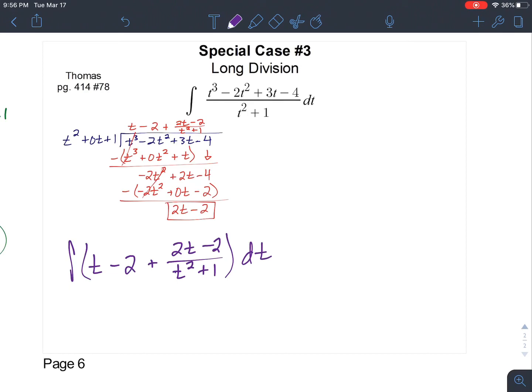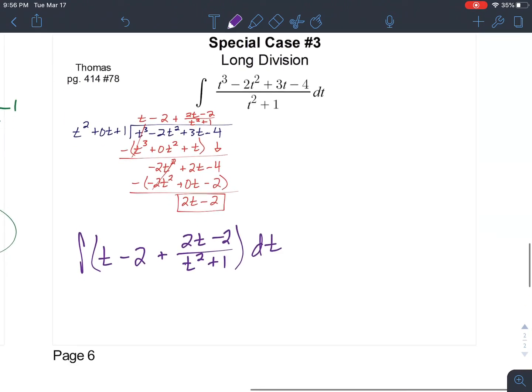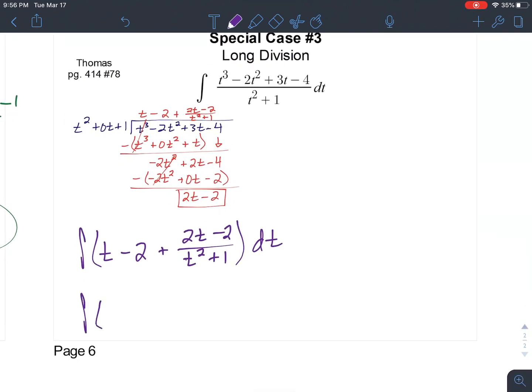We are going to split this up into multiple parts. So I notice we can integrate t minus 2, so let's go ahead and put that into its own integral. Now, this second part, the fraction, and it helps that I know what the answer is going to look like, we should actually split that into two fractions.